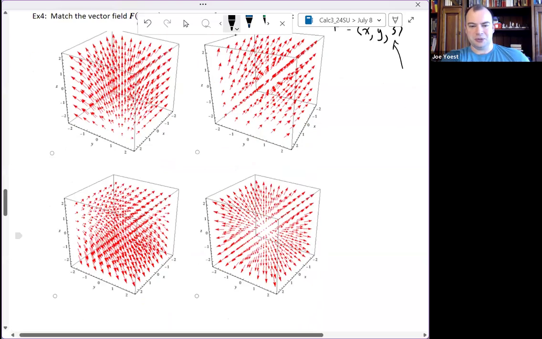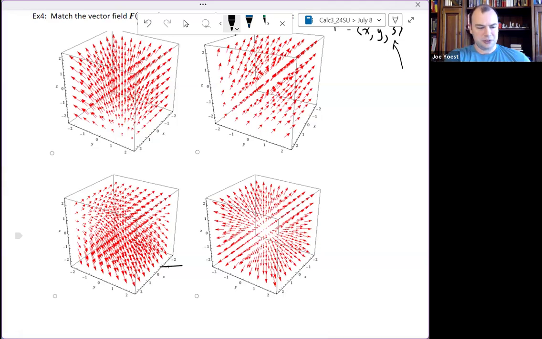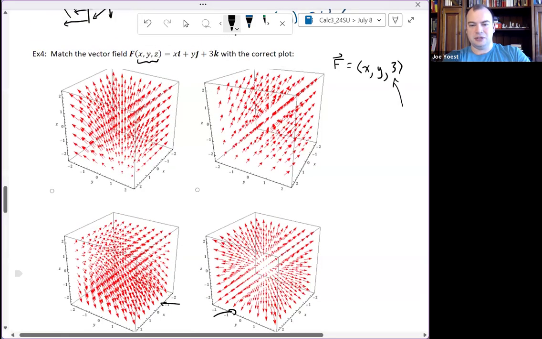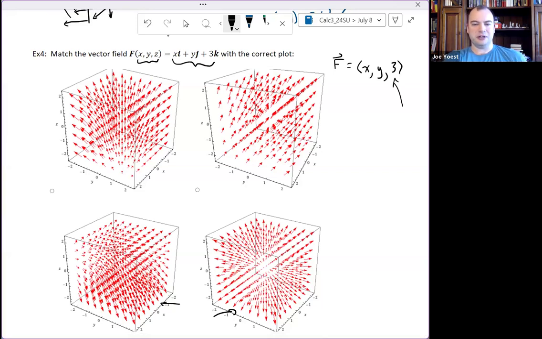So if I see examples like these down here, where sometimes vectors are pointing downwards, I know that these can't be geometric representations of this vector field. Now, I suppose either of these I haven't excluded yet from being candidates on the basis of just this z component always being positive.